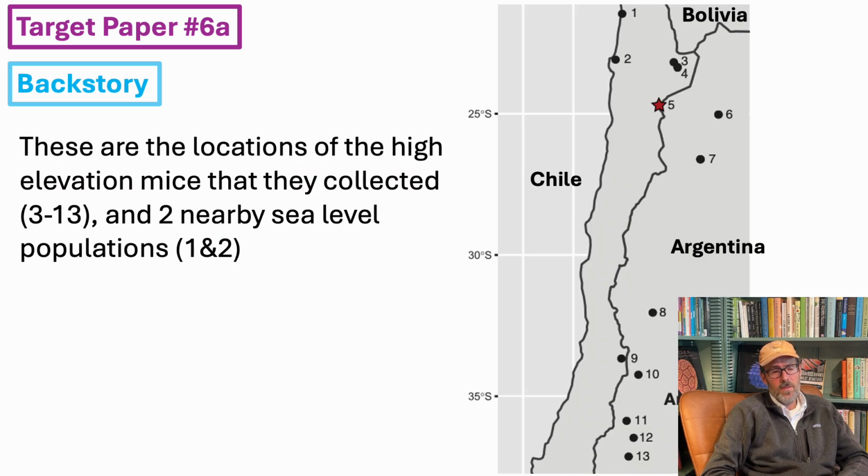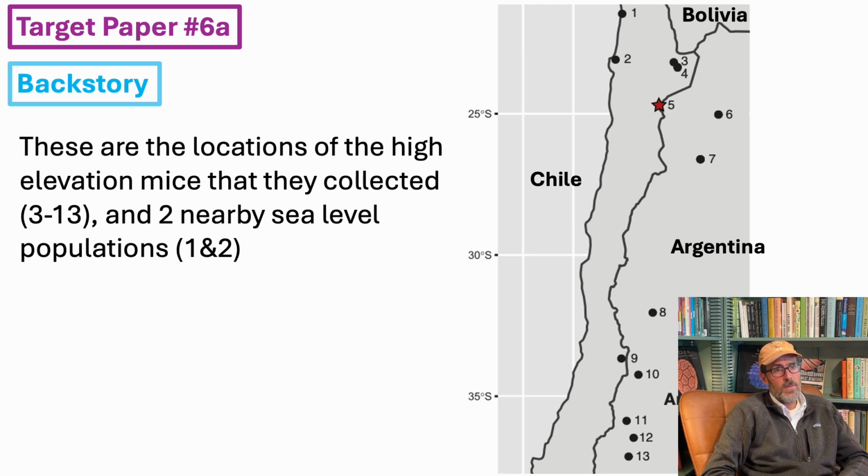So these are the sites. These are the volcanoes across the Andean Cordillera, or is that how you say it? Just the Andean chain of mountains. Notice there's 13, and each dot represents a different collection location for a high elevation mouse. And also population 1 and 2 are from sea level, so they had those for comparison.